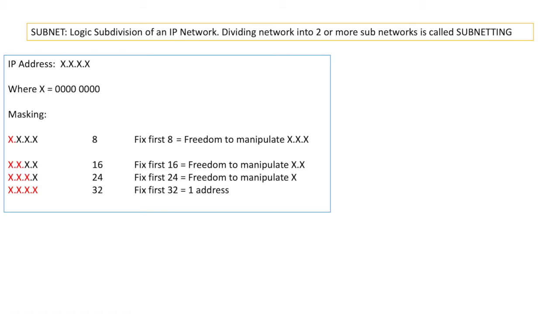Similarly, if it is /16, that means the first 2 bytes are fixed. You can manipulate the last 2. When I say the last 2 bytes, it means 8 plus 8 equal to 16 bits. So you could have possibly 2 to the power of 16 combinations. So this provides you in total 2 to the power of 16 addresses. Similarly for /24 and /32, in the /32 case, you are fixing all the bytes. That means just one address is possible.